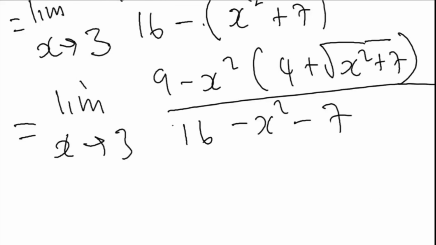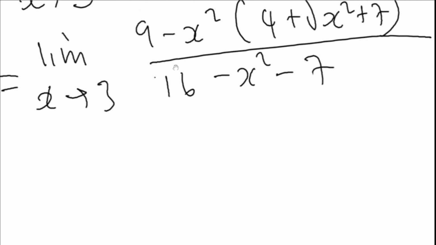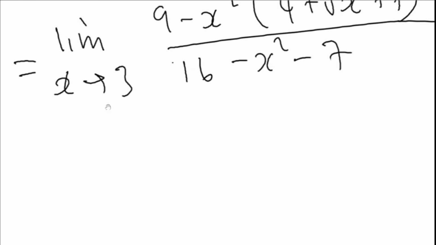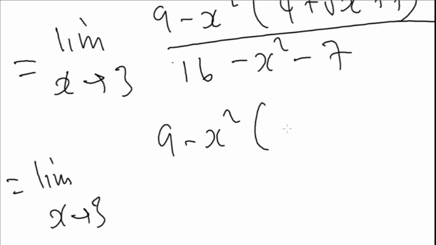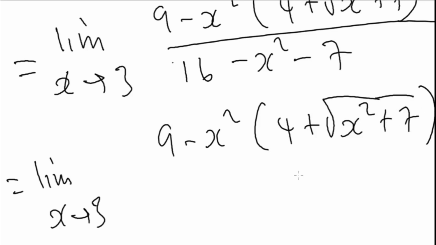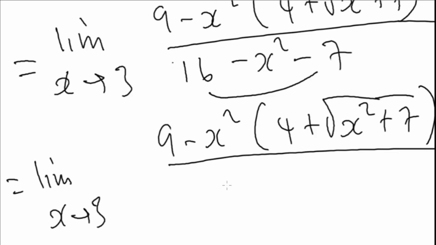So after that, friends, it's 9 minus x squared over 4 plus the square root of x squared plus 7. Here 16 minus 7 will give you 9, so it will be 9 minus x squared.